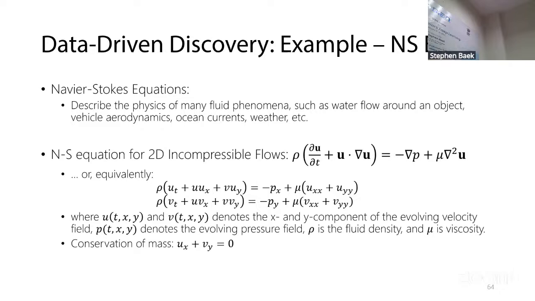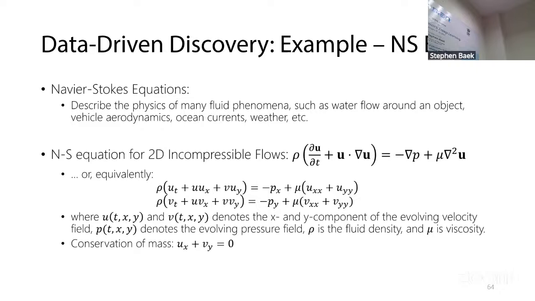But here we have a two-dimensional case, and it's incompressible, so it's a relatively simpler form of Navier-Stokes, which happens to look like this. It may look a little intimidating at the beginning. It's really nothing more than a combination of the first derivatives and second derivatives of u and v.